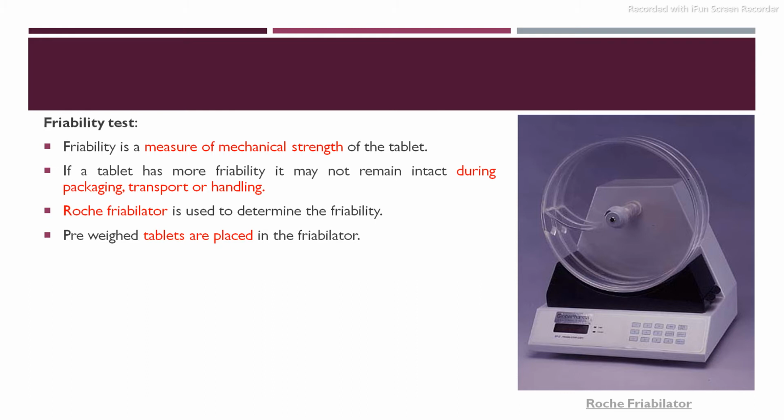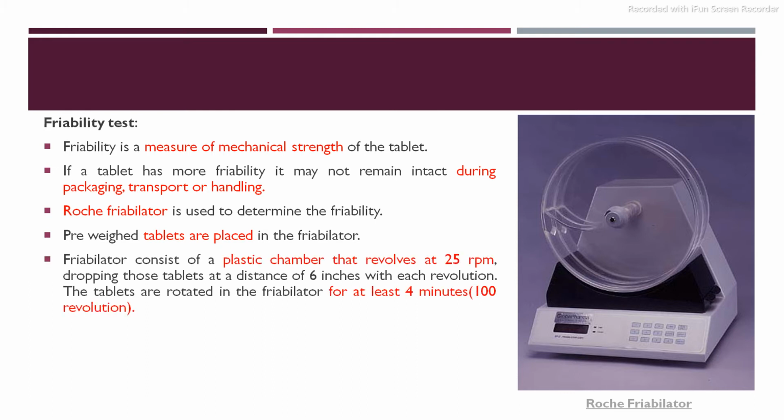Suppose each tablet has 100 milligram weight, so the weight of 10 tablets is 1000 milligram. These 10 tablets are transferred into the Roche friabilator, and it is operated for rotation.